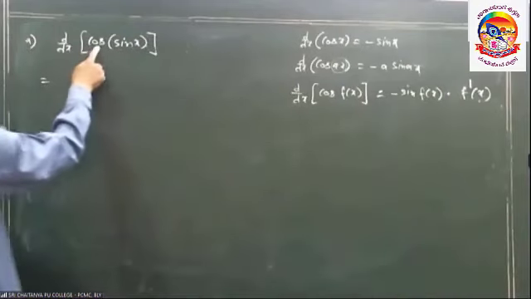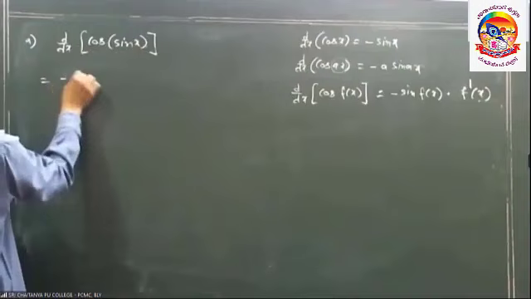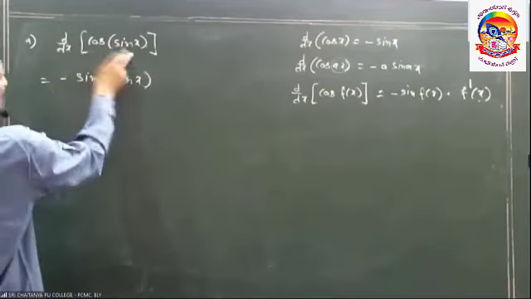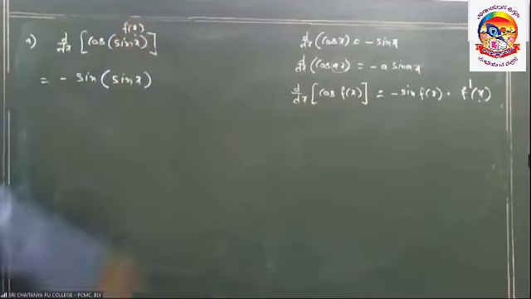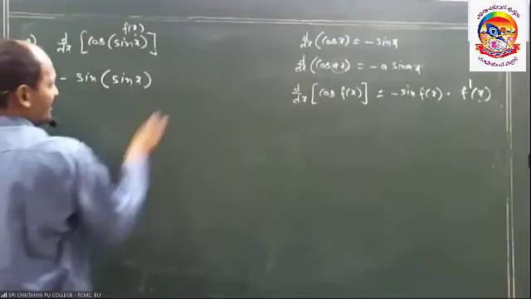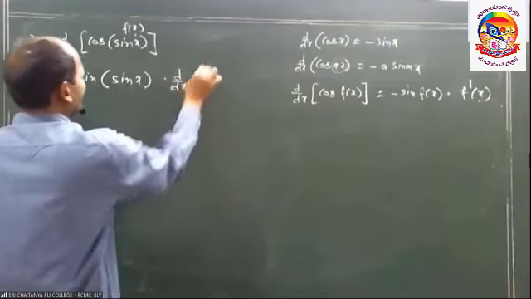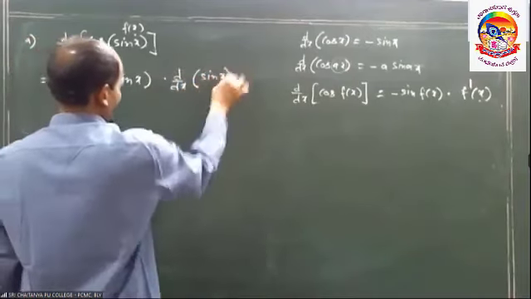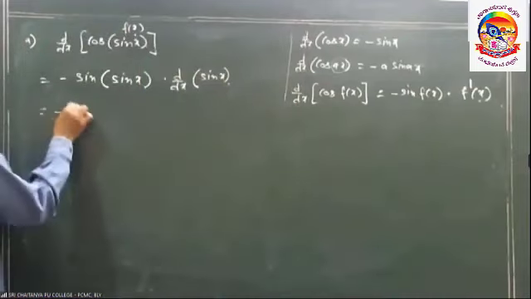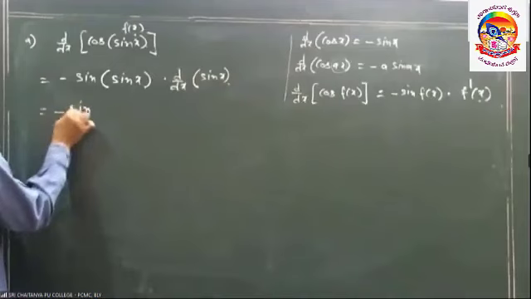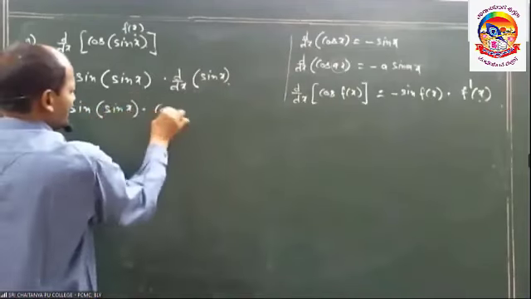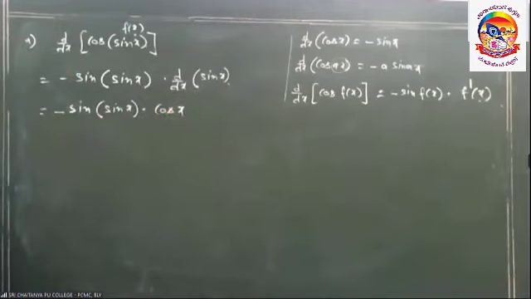So the derivative of cos of sin x is minus sin of sin x into f dash, that is the derivative of sin x, which is cos x.